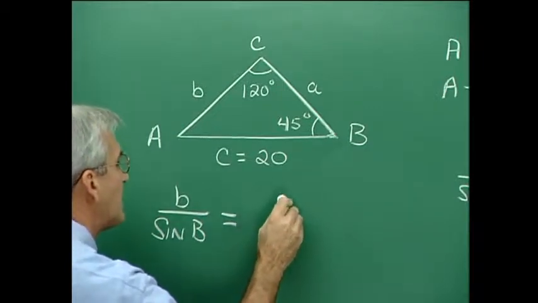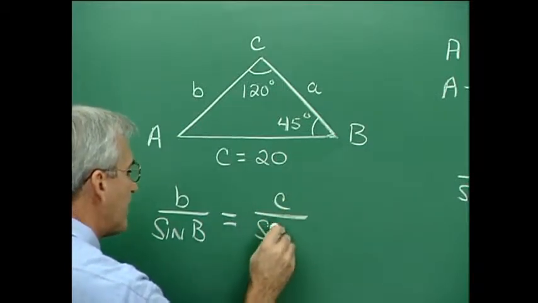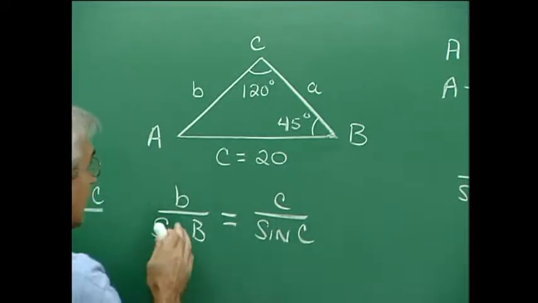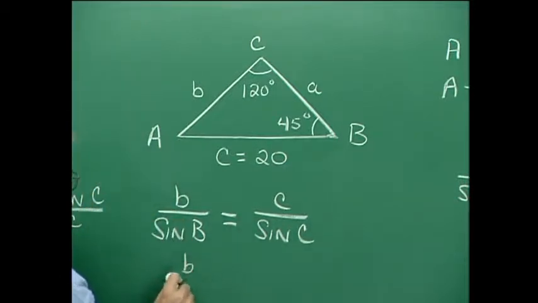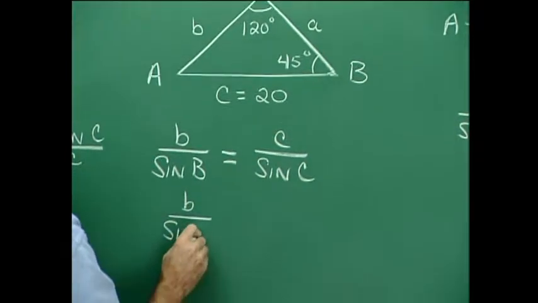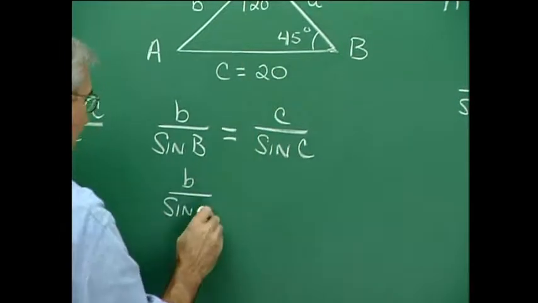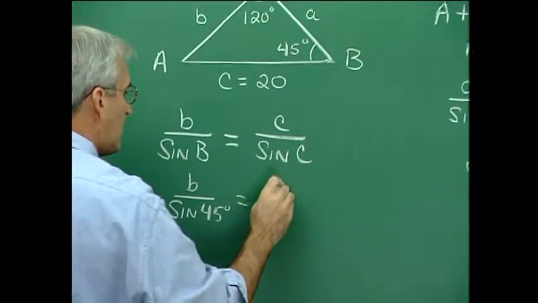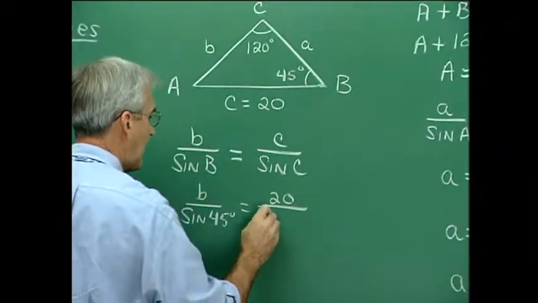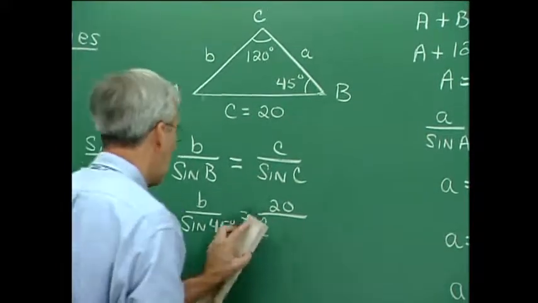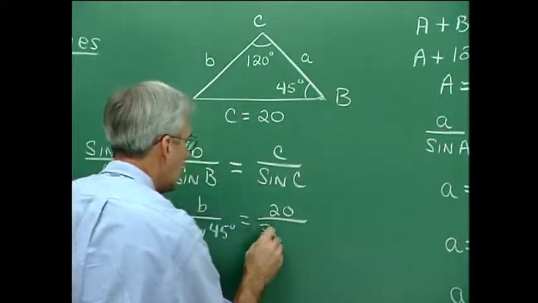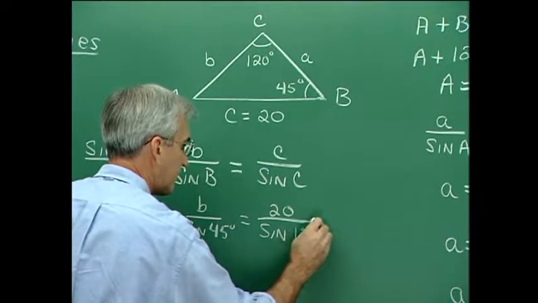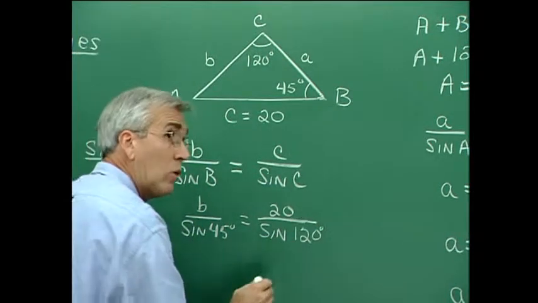So I'm going to have C over sine C. Filling in, I have B over sine of B, that's 45 degrees, and C is 20, and angle C is 120. And away I go with solving.